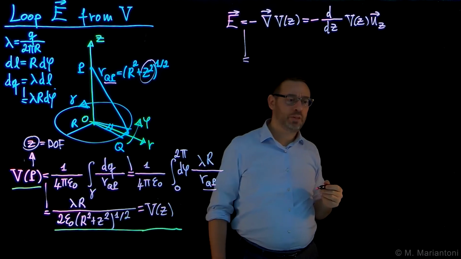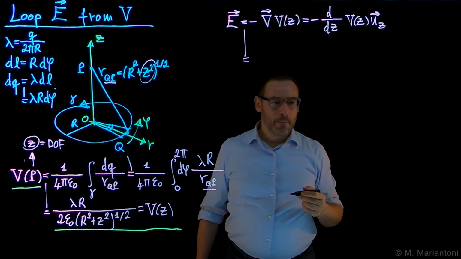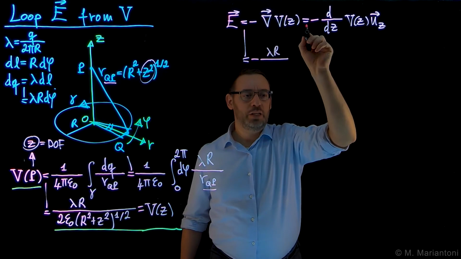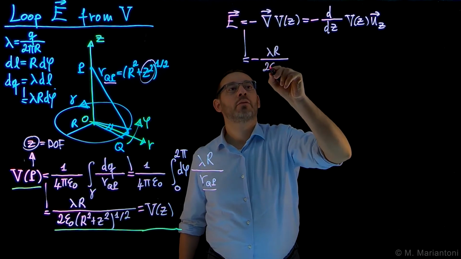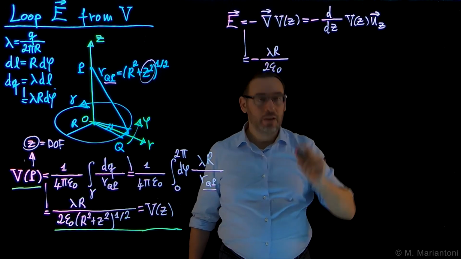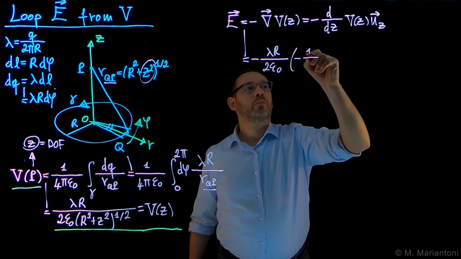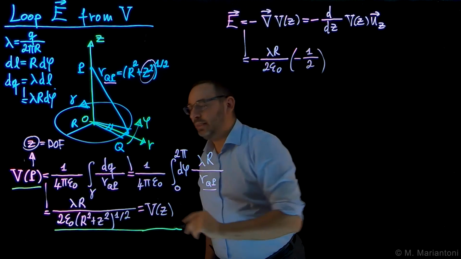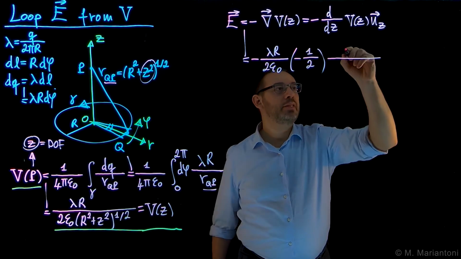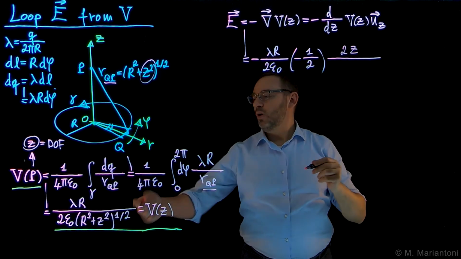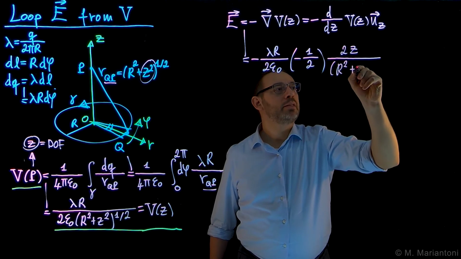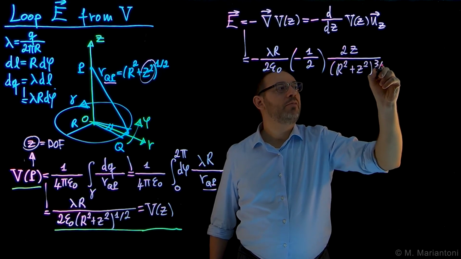Therefore, if we perform the calculation here, we obtain minus lambda R, from this minus here, divided by 2 epsilon naught. This exponent gives me minus 1/2, because it's square root in the denominator. The whole quantity times the derivative with respect to z, which is 2 times z. 1/2 minus 1 gives minus 3/2. So divided by capital R squared plus z squared to the power of 3/2.